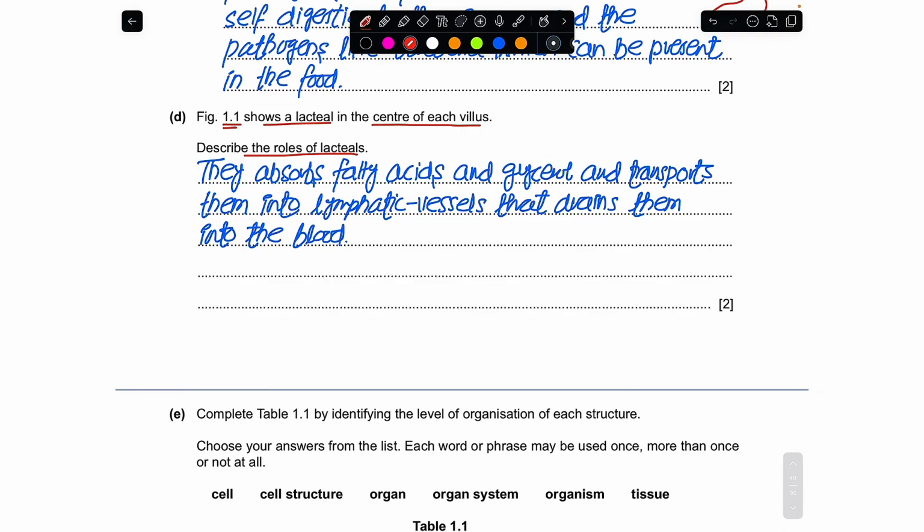It has lymph in it, and the role would be to absorb the breakdown products of fats, that is fatty acids and glycerol. The other role is that not only do they absorb it, but they carry it around the body with the help of the lymphatic vessels. Our blood capillaries are not in a position to absorb these fatty acids. So when they go into the lymphatic vessels, which is the lacteal, later they drain them back into the blood.